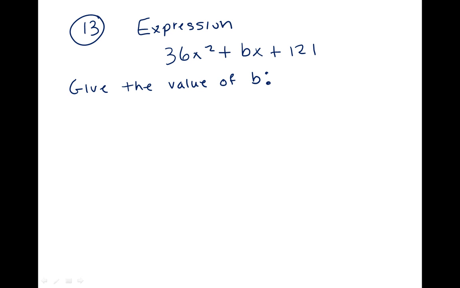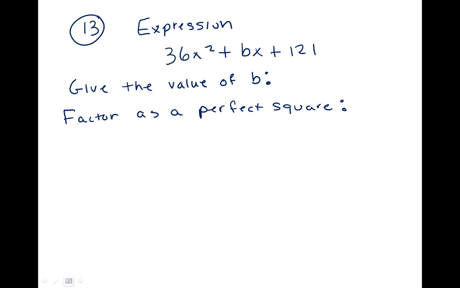Well, you know in this section we're dealing with perfect square trinomials, and it looks like that. And it also says factor the expression as a perfect square. So it wants us to factor it also.